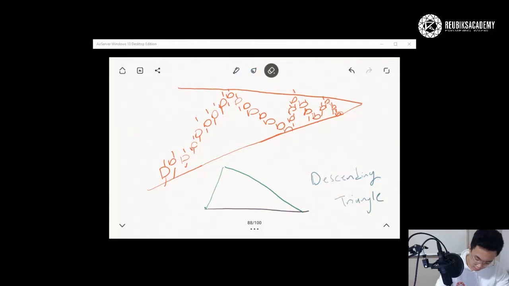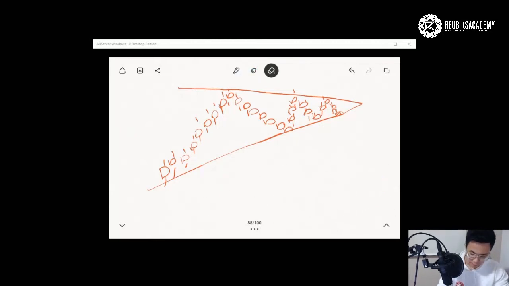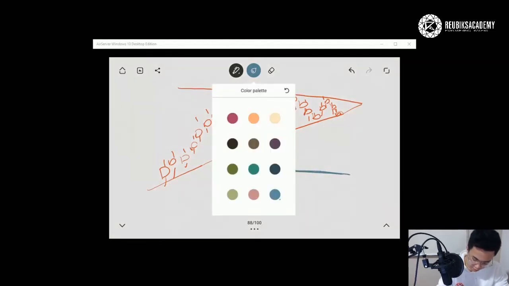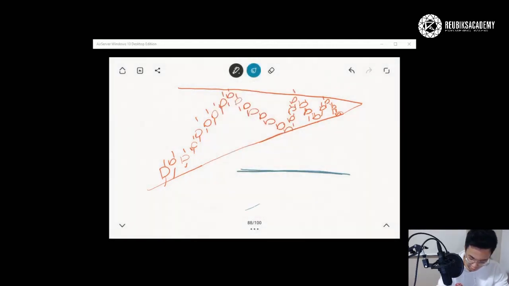Okay, then what if now it's a resistance with an upwards slanting trend line?